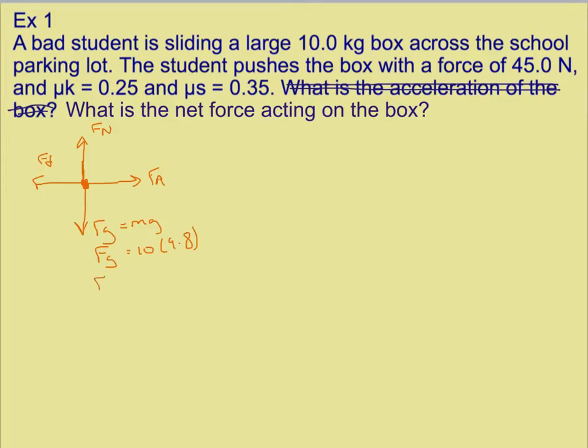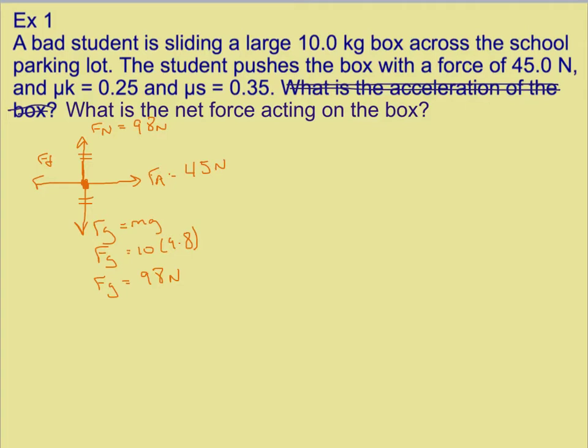We multiply those two numbers, and we can say Fg is 98 newtons. And as usual, this thing is sitting on level ground, which means Fg is equal to Fn. So Fn is also 98 newtons. We're told in the question what the applied force is: that's 45 newtons. So we just need to figure out friction.